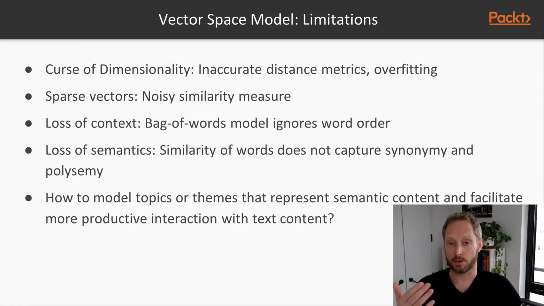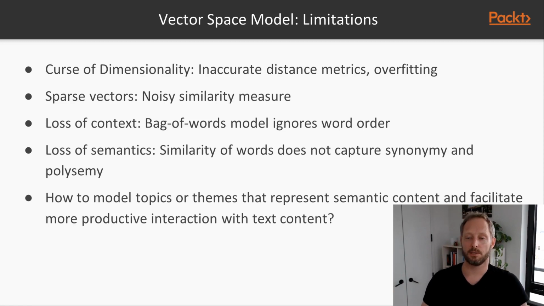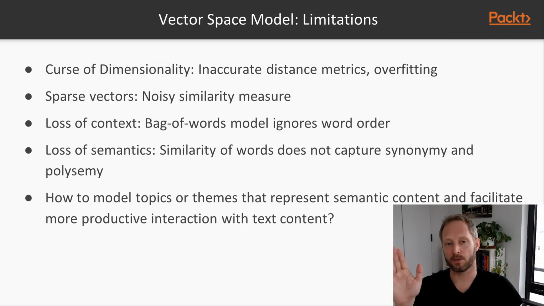So these measures of similarity don't capture that several words actually mean the same thing, so they're synonyms, or that one word has several meanings, which is what polysemy is about. So these are not accurately captured in a meaningful way by the directions into which these vectors point.